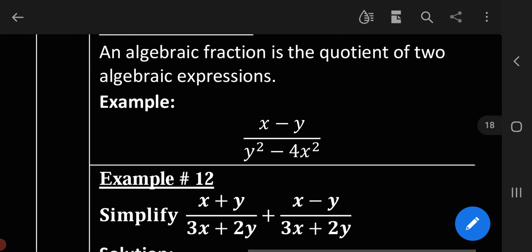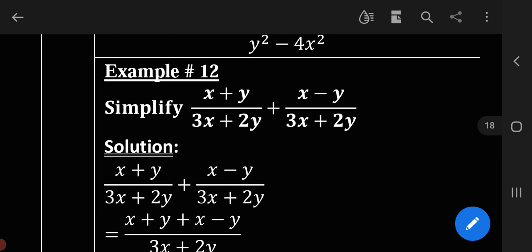Example: x minus y divided by y square minus 4x square. In the numerator we have x minus y, which is one algebraic expression, and in the denominator we have another algebraic expression. Since they are both written in quotient form, it is called an algebraic fraction.